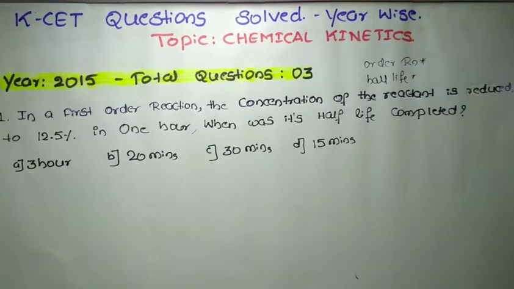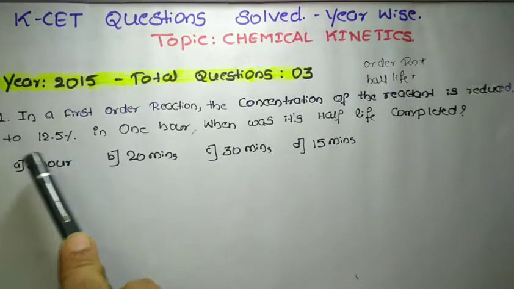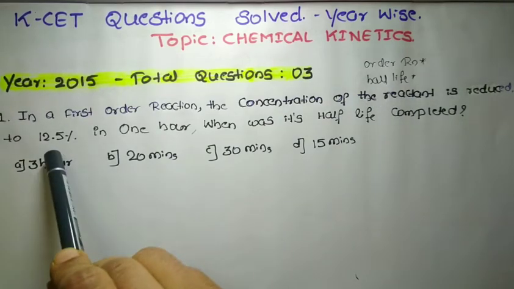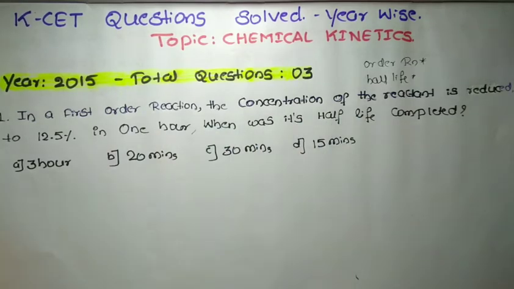The first question: in a first order reaction the concentration of a reactant is reduced to 12.5% in 1 hour. When was its half-life completed?